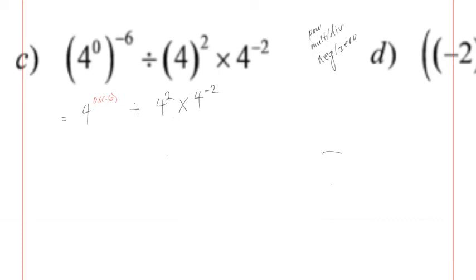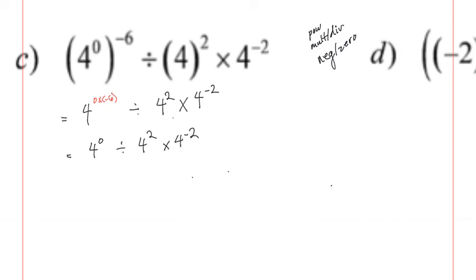Now 0 times -6 is just 0, so our next line will have 4 to the exponent 0. And then we're going to divide that by 4 to the 2. And then we're going to multiply that by 4 to the -2. Now for these operations, we have to take a look at each individual part and then write the last bit.